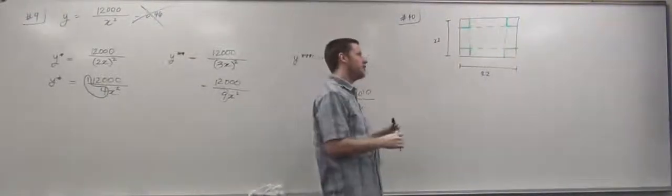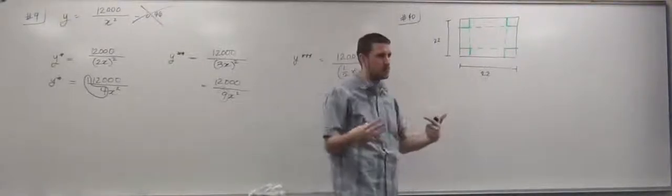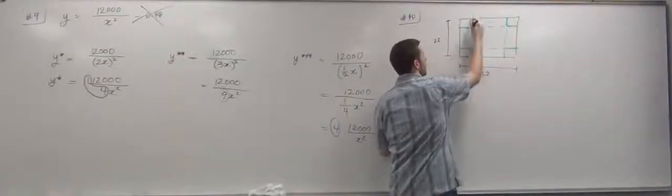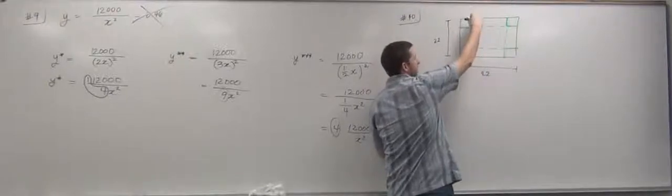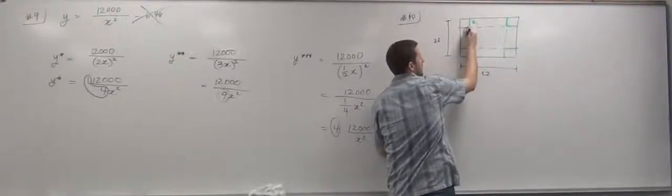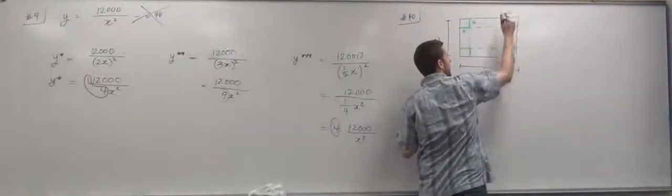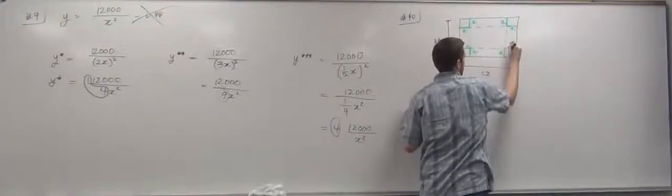I don't know how much I'm going to cut out. And it doesn't say cut out 2 centimeter squares. It says you're going to cut out some squares. So we label that our variable. I don't know how much I cut, so I cut, let's say, x here. Same thing here. Because they're equal squares, I get an x and an x here, an x and an x here, an x and an x here.